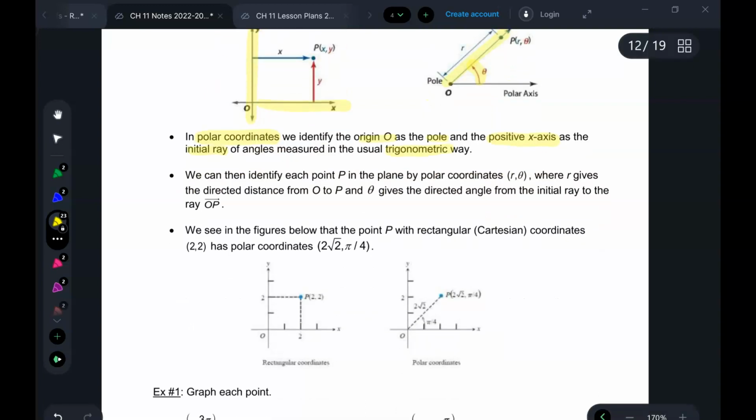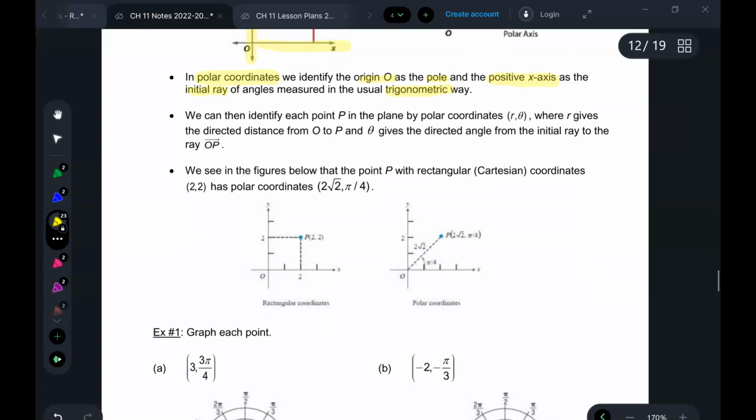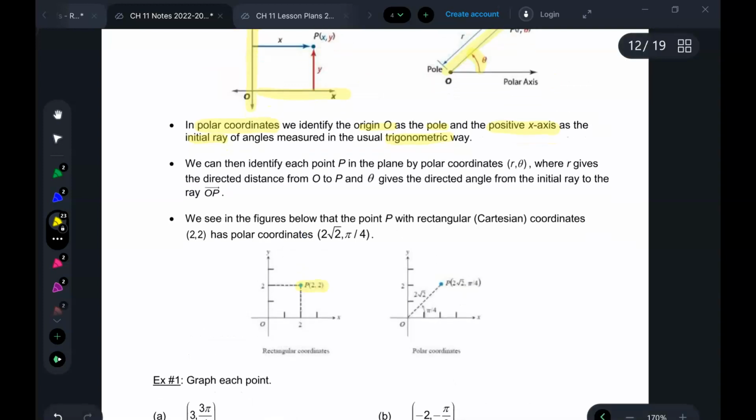And again, we use trigonometry to express the angle measure. Let's take a look at what that means. In terms of an example here, we see this is the ordered pair (2, 2). What would the corresponding polar coordinates be?